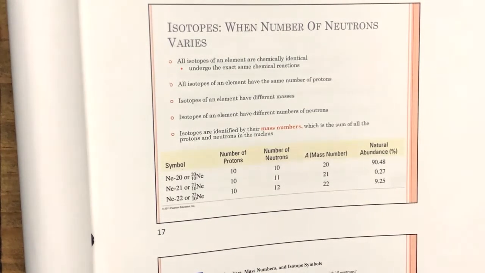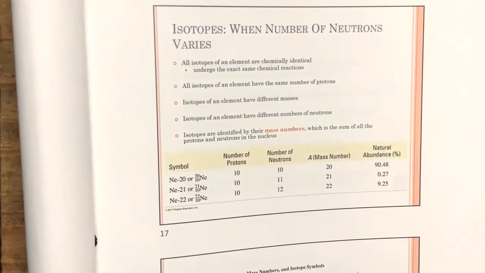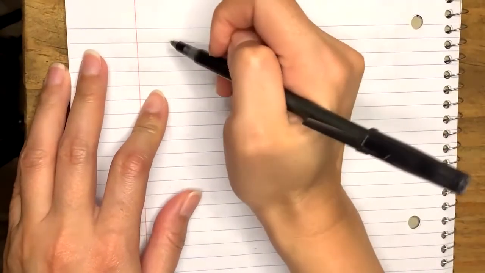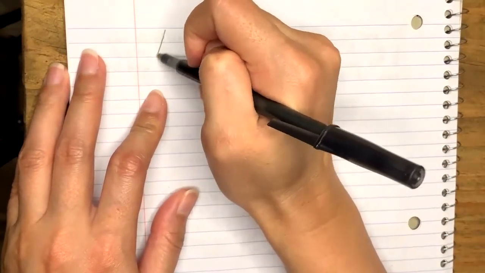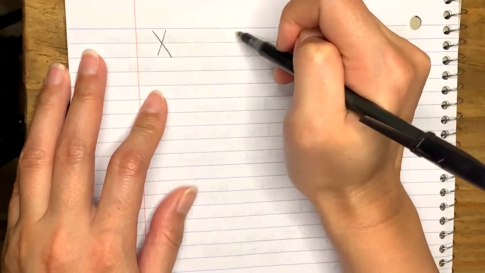So I want to do a quick problem here on identifying isotopes. Let me write the question out for you. I have a few things. We'll call them X's because we don't know what they are.